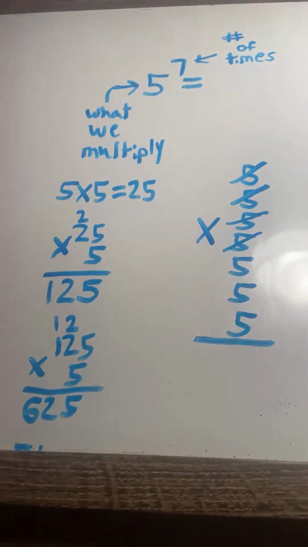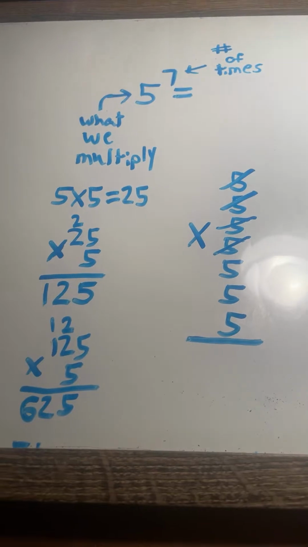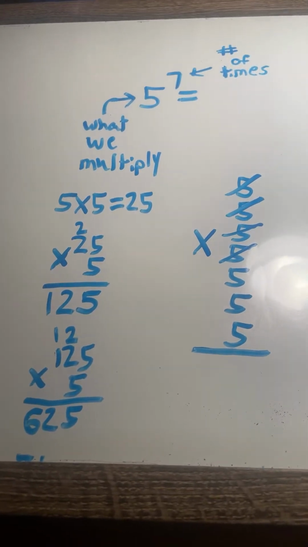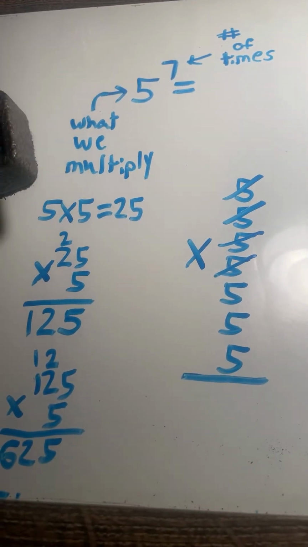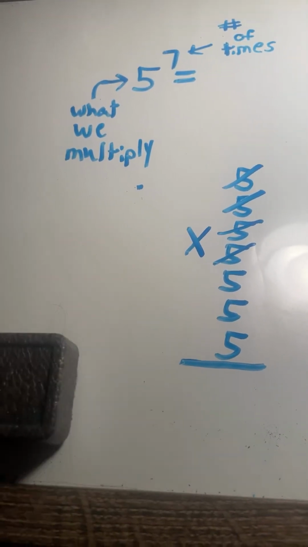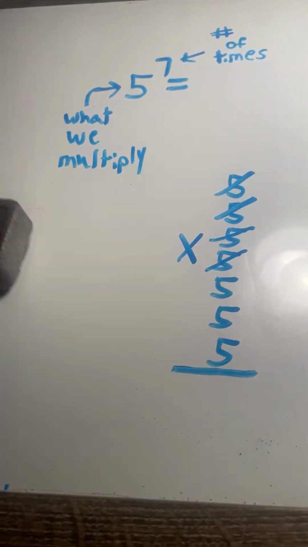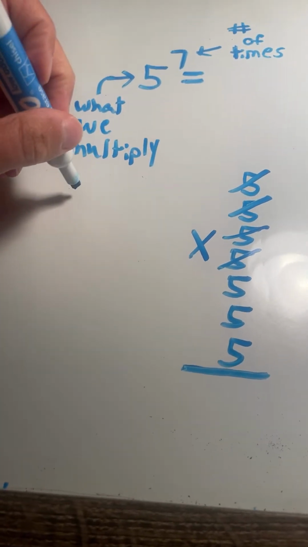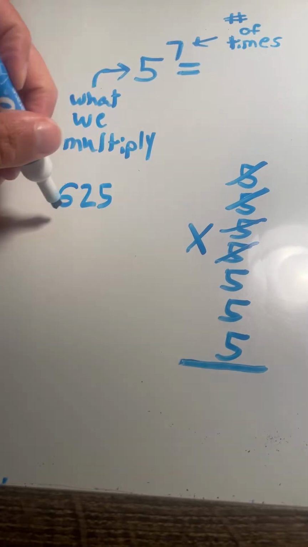So far we have multiplied the number 5 4 times. So next, we have to multiply the number 5 a 5th time, so 625 times 5.